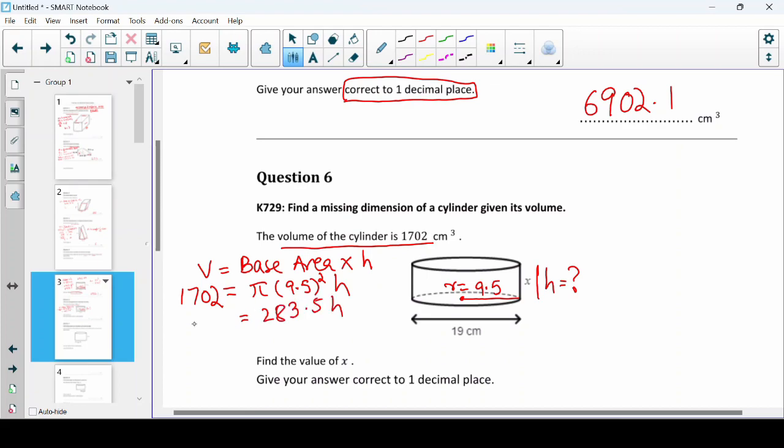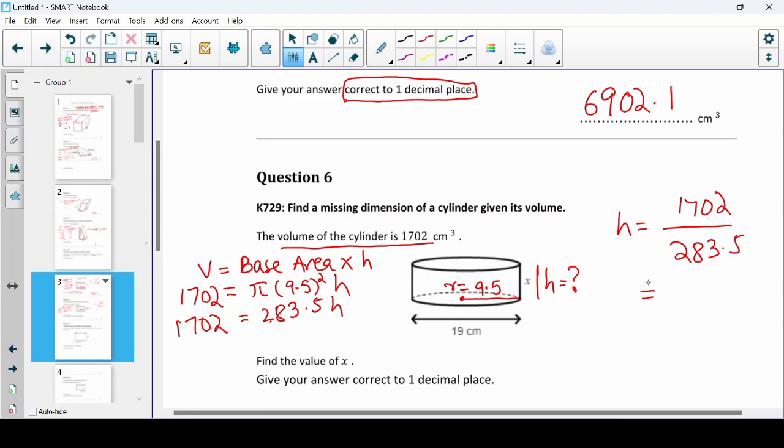H is equal to 1702. So now we take this 283.5 to the other side of the equation, then it will divide. So H is equal to 1702 divided by 283.5, and then let's see what this gives us as the answer.